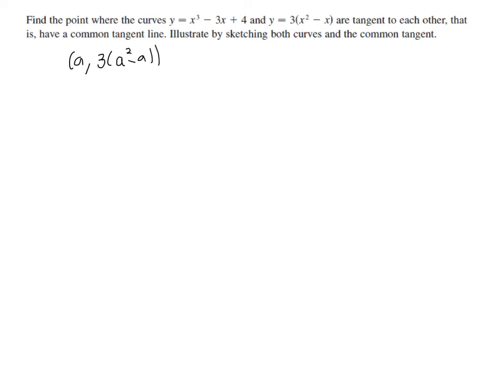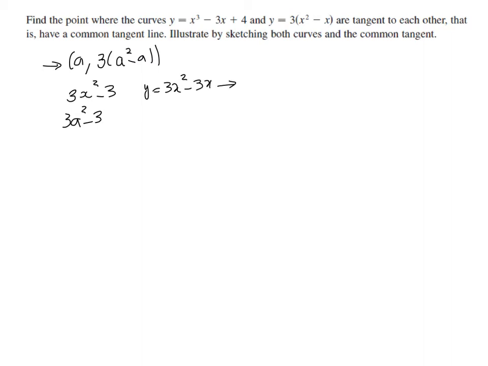Now the slope of the first curve is 3x squared minus 3. If we evaluate it at this point where x is a, this gives us 3a squared minus 3. The derivative of the second equation, if I expand it, y is 3x squared minus 3x.